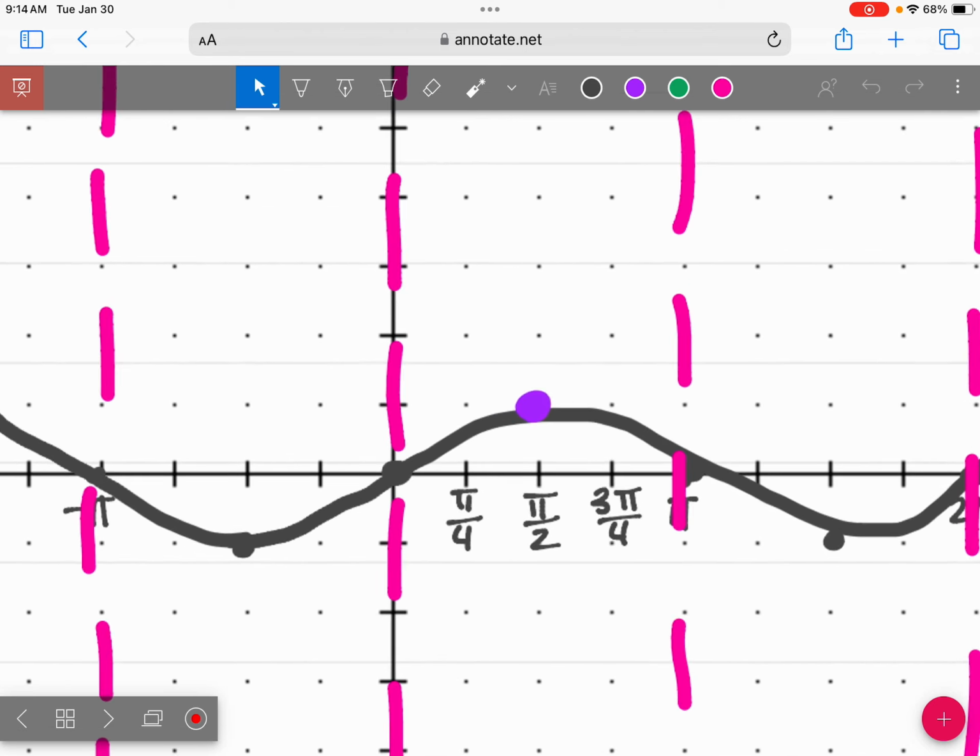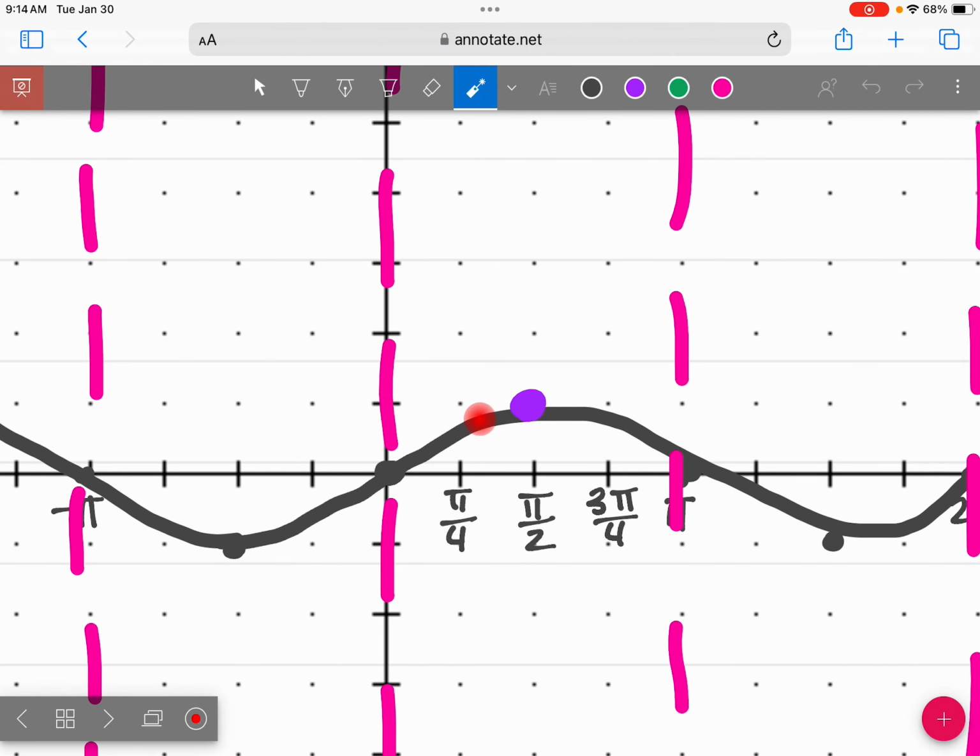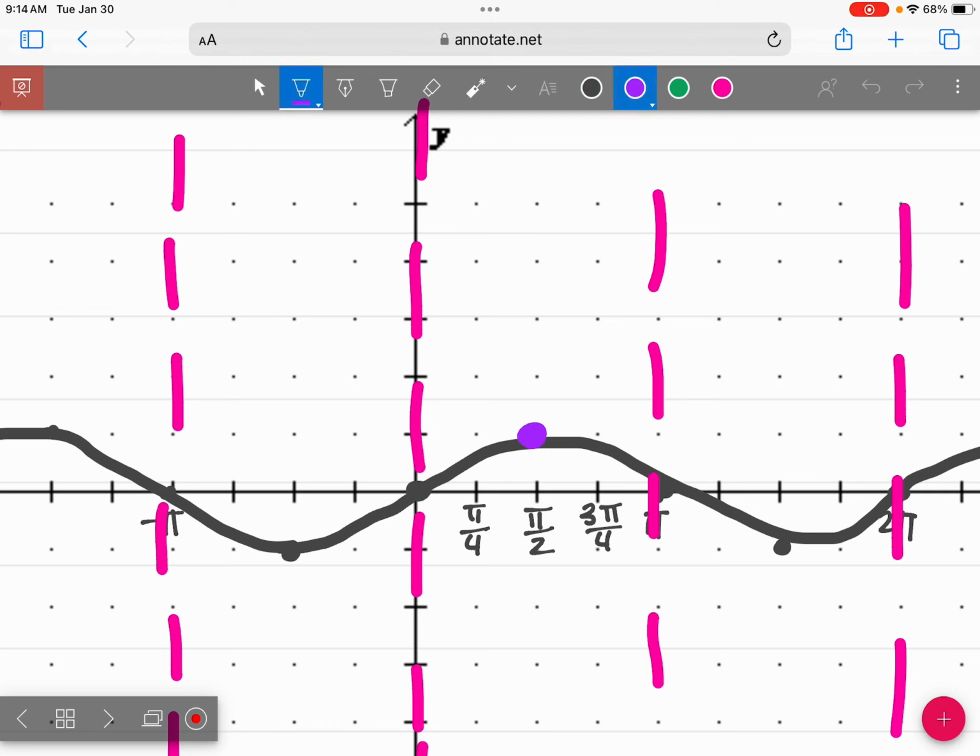So as our sine graph gets closer and closer to 0, these values are getting bigger and bigger. So the way we're going to draw our shape is it's going to approach our asymptote over here. This side is also getting closer and closer to 0, so this side is also getting bigger and bigger. So it's going to look like that.